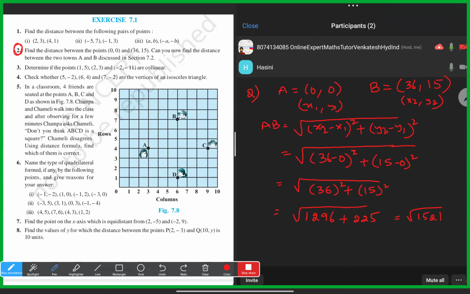So the square root of 1521 will be 39. So 39 units is the distance.